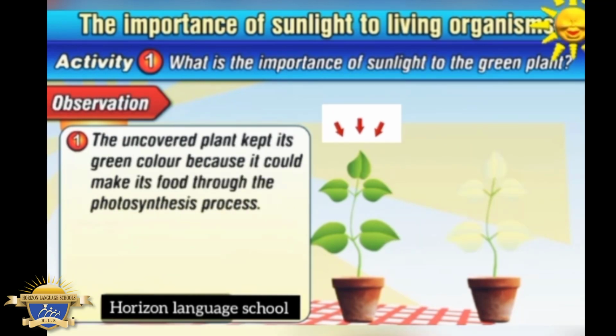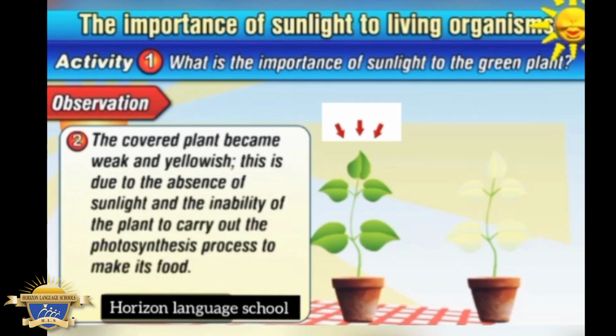Observation. Look with me. Number 1: the uncovered plant keeps its green color. Why? Because it could make its food through the photosynthesis process. Number 2: the covered plant became weak and yellowish.